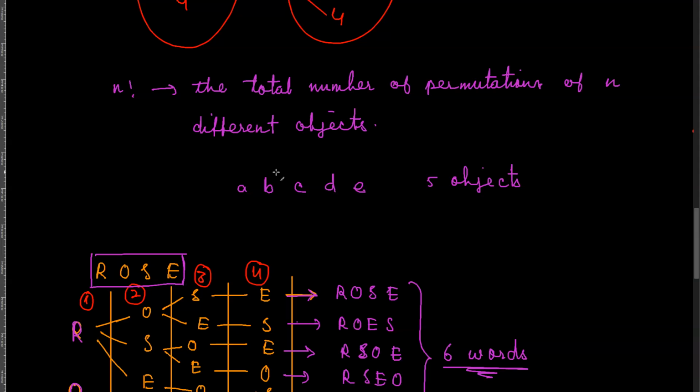All the different such arrangements of these objects is therefore, for example, 5 factorial.